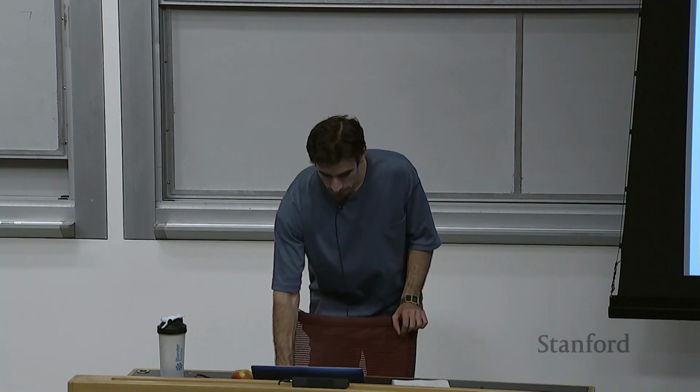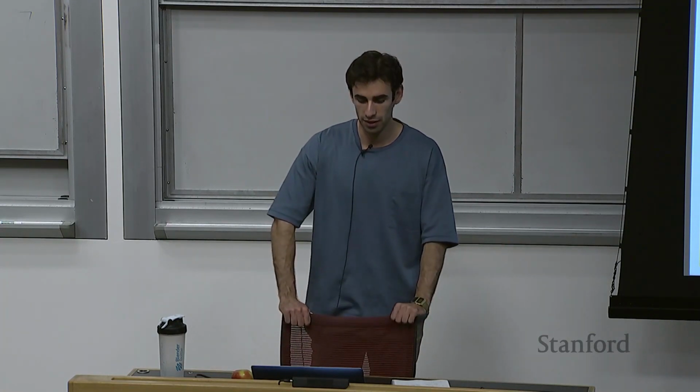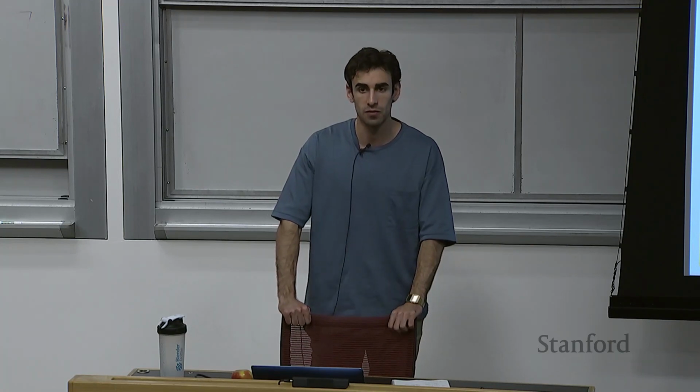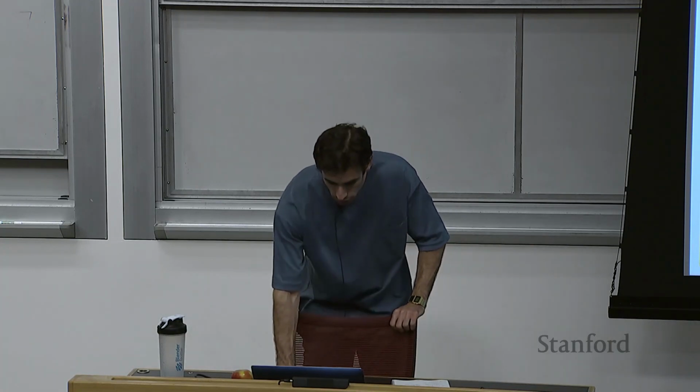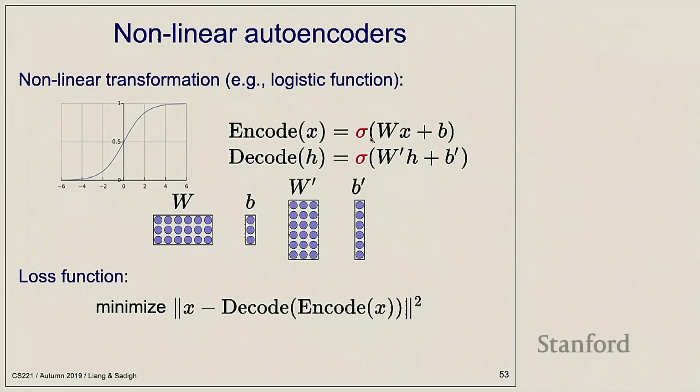The first pass at that can be using nonlinear transformations. You would do something like the logistic or sigmoid function, and that means the problem can't be solved anymore by just copying into the output, so you're going to have to actually learn something useful.